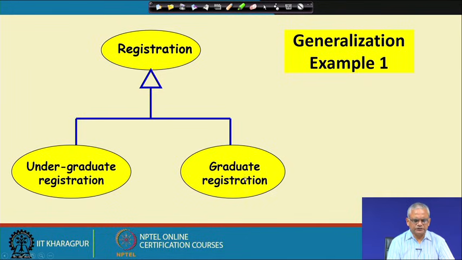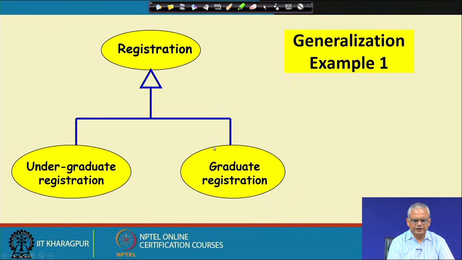In the undergraduate registration, let us say the fee needs to be paid before the registration can start, whereas in the graduate registration, let us say there is an option that the fee can be adjusted from the scholarship, because all graduate students get some scholarship in this specific institute for which we are developing this diagram.